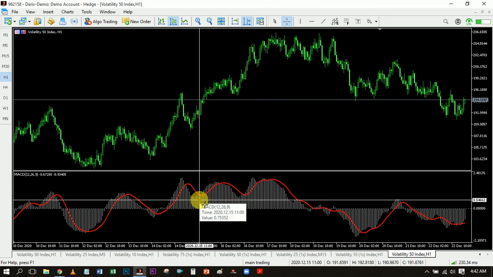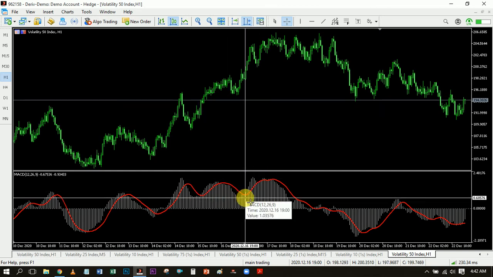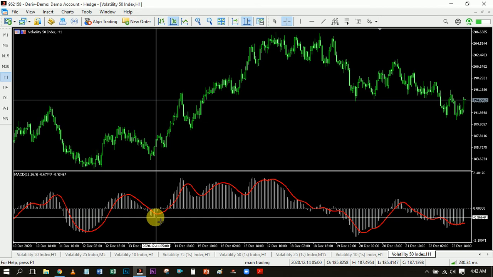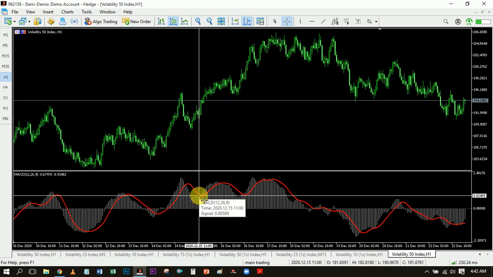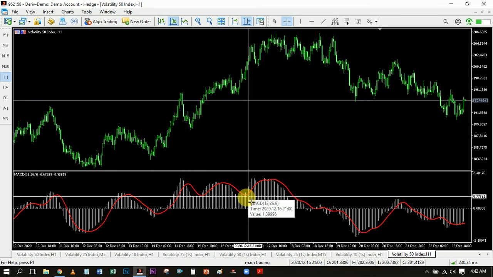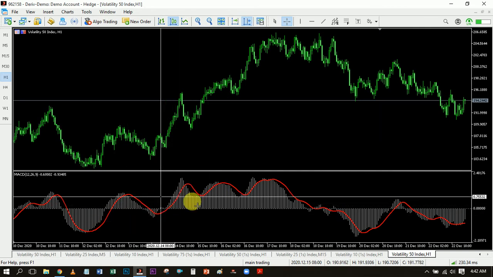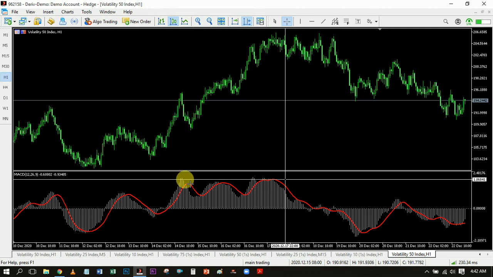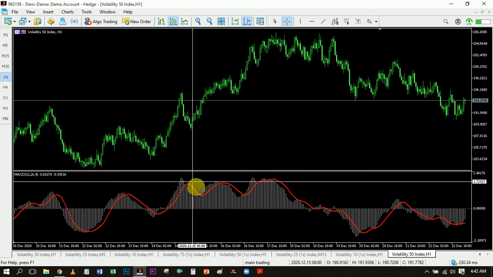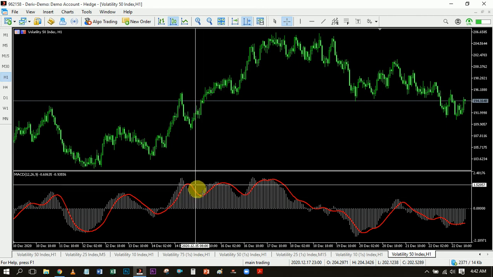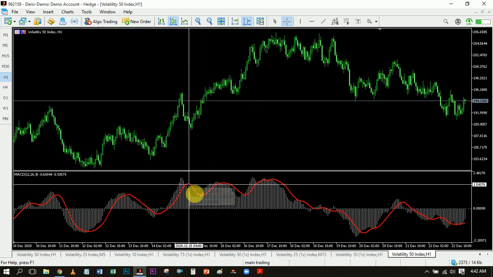So right here and here is where you can actually make a lot of money also. So you have made money from here, then you make money from this upward cross, and from this upward cross. Why this one is different from this is because the market is in a bullish trend, then we have a series of crosses showing us that the market is pulling back here.